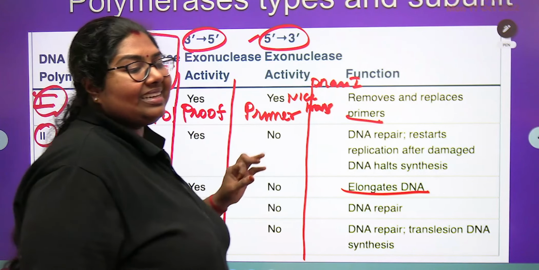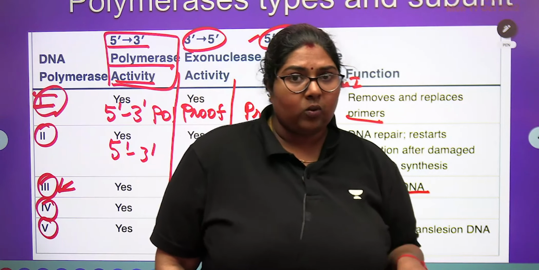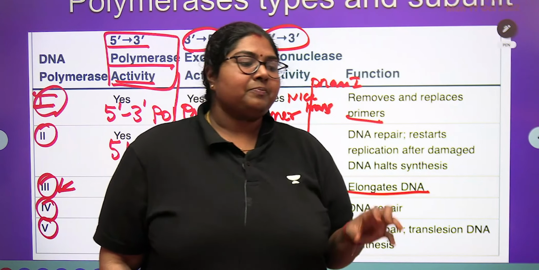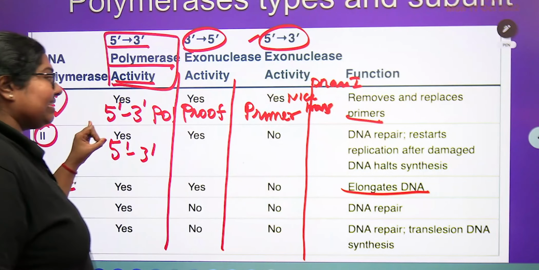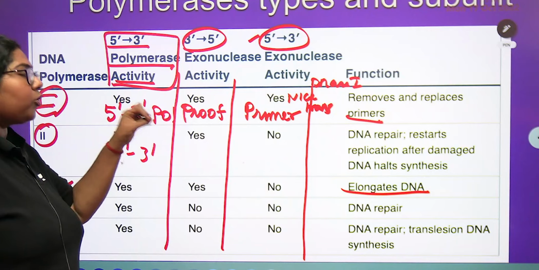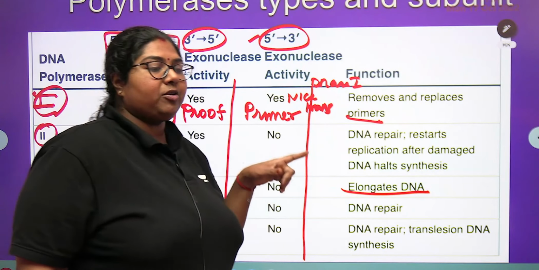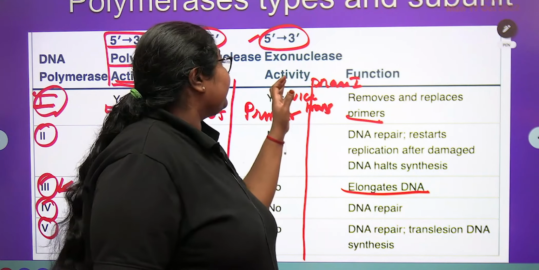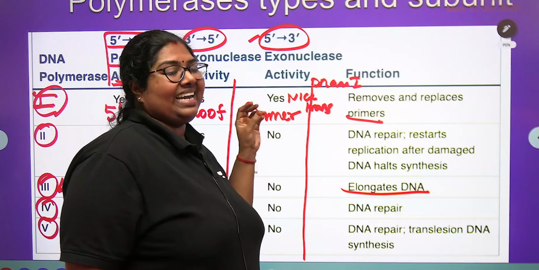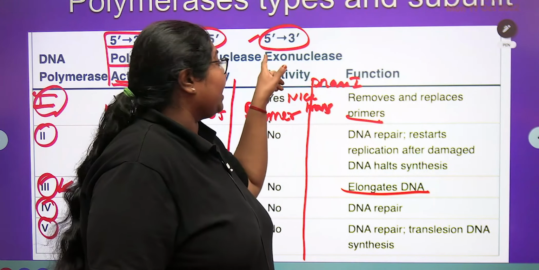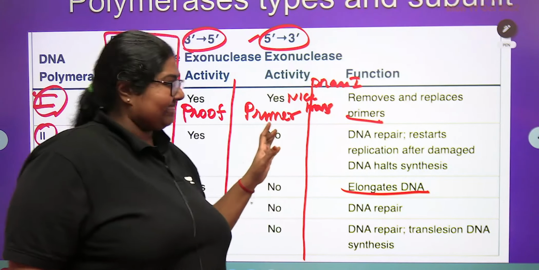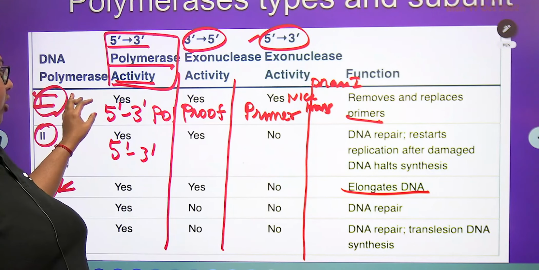So what are the things possessed by pol 1? Pol 1 will contain your 5' to 3' polymerase activity. It will contain your proofreading, that is your 3' to 5' exonuclease. It will contain your primer removal or Nick translation activity from your 5' to 3' exonuclease. So this is the role of pol 1.